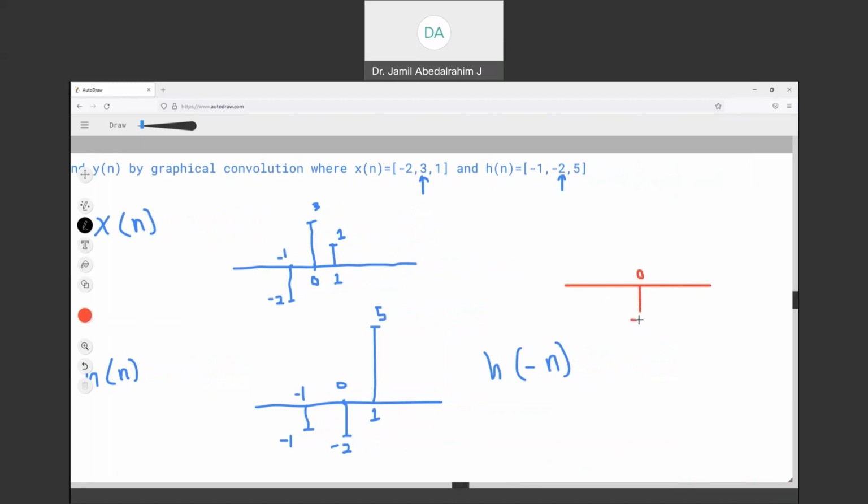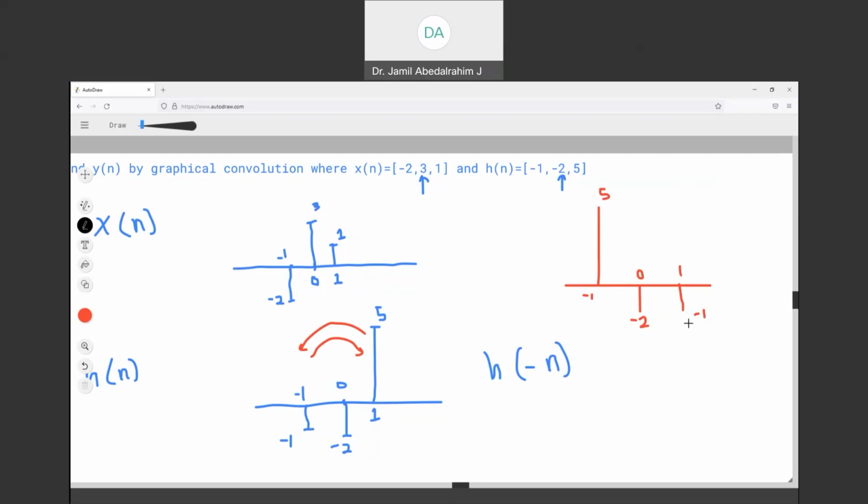Zero, negative 2. We just exchange this one. We call this flipping around the 0 axis. So the 1 becomes at negative 1 with value 5, and the one at negative 1 becomes at 1 with value negative 1. Okay, like this. This we call flipping around the 0 axis.